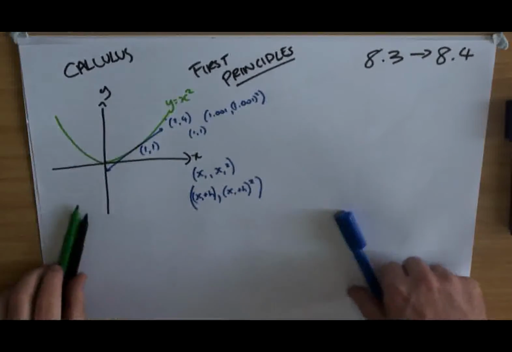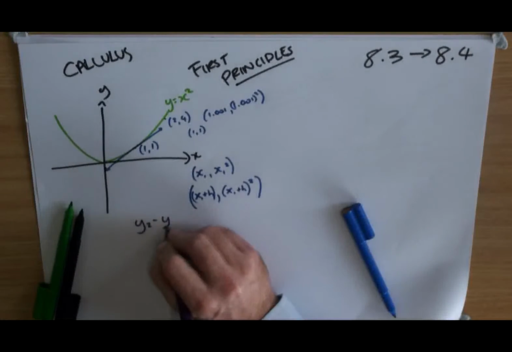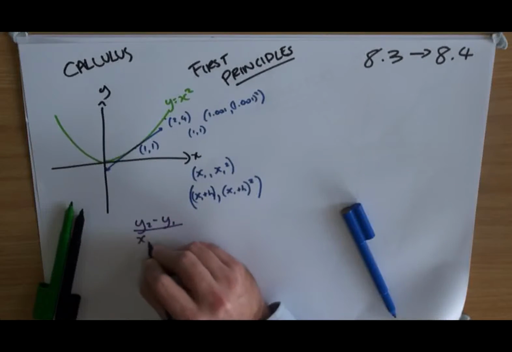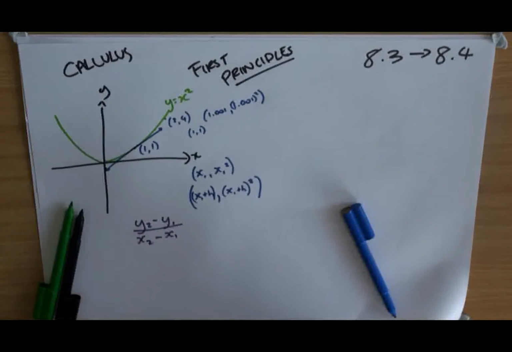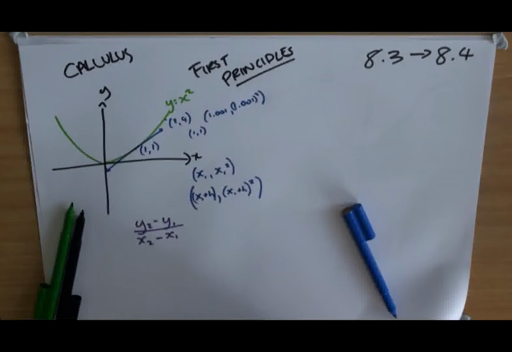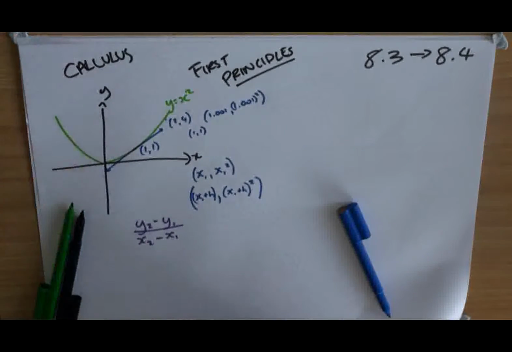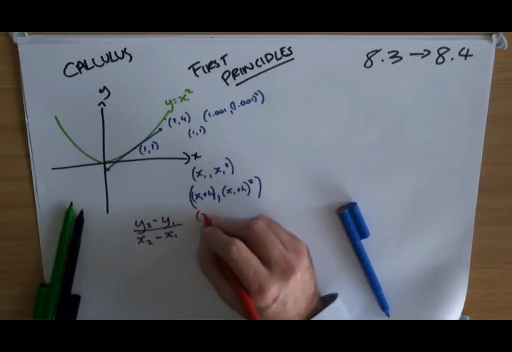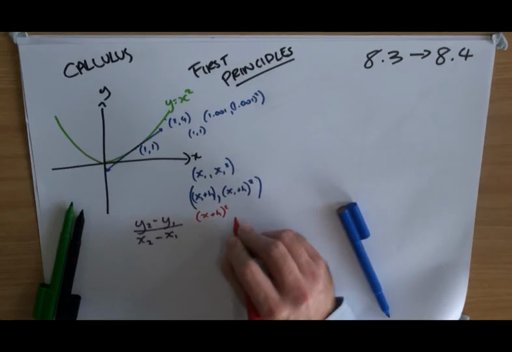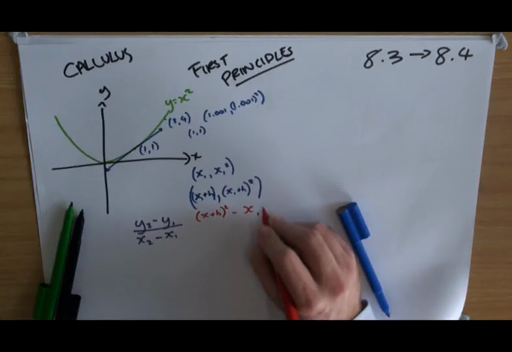So I can use my gradient formula, which I know very well, is y2 minus y1 over x2 minus x1. That's going to equal the gradient. So let's use these points to find out what my gradient is in terms of x and h. It's going to be x plus h squared minus x squared.